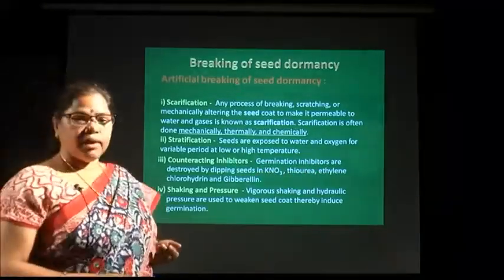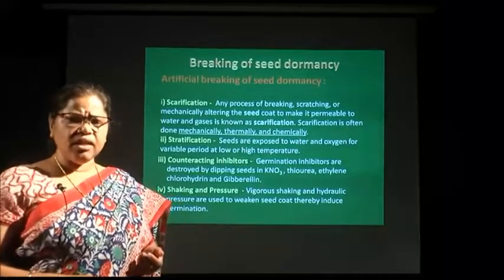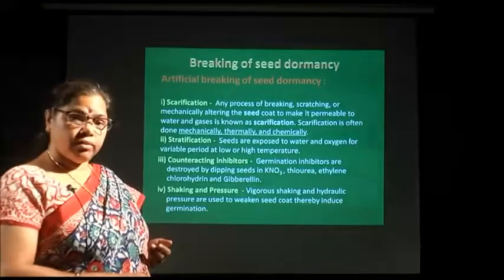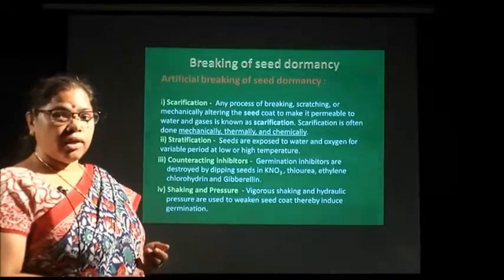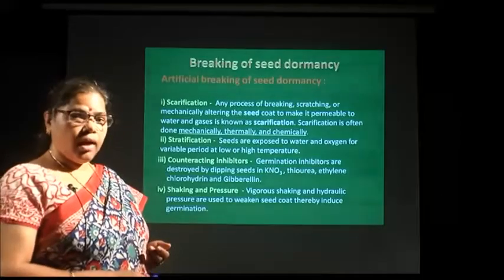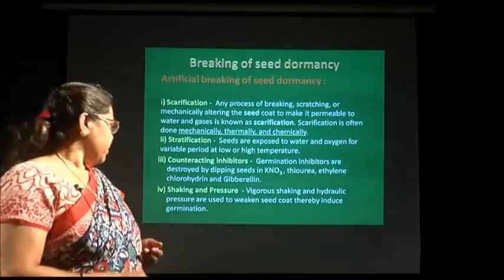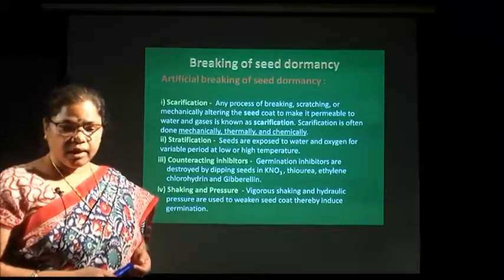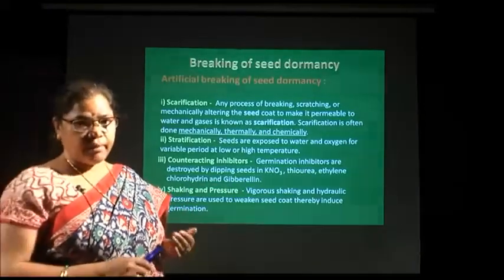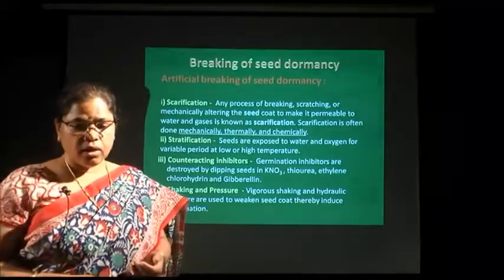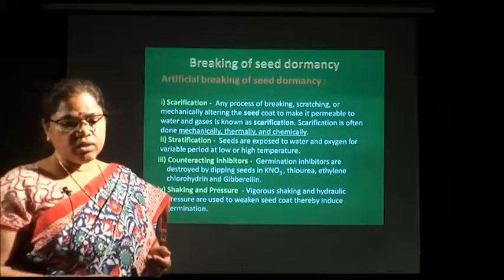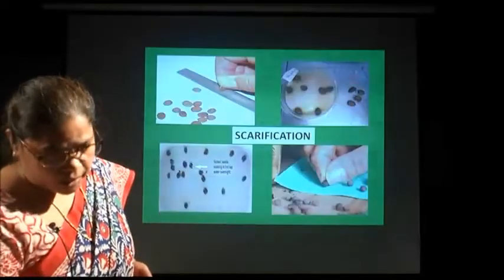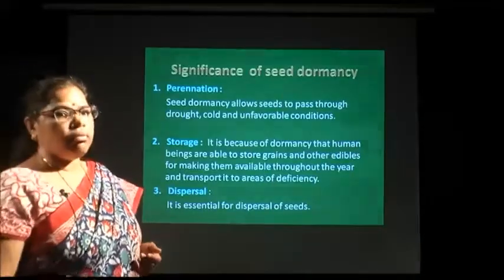These chemicals counteract the inhibitory action of the germination inhibitors and break the dormancy. Then various shaking and pressure-applying methods are there. They are used to weaken the seed coat, thereby inducing germination. So these are the artificial methods of breaking dormancy.